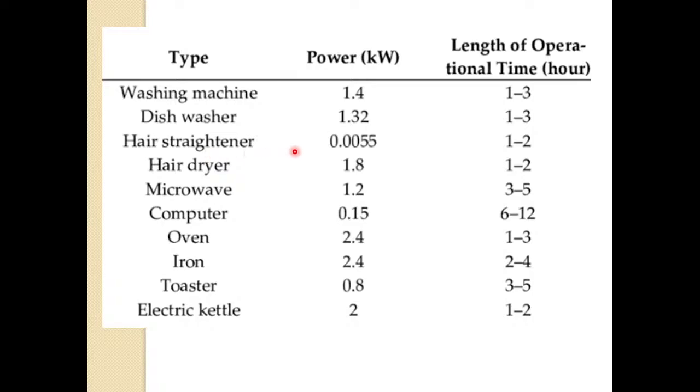Hair straightener, its power rating is 0.0055 kilowatts and it usually operates for around 1 to 2 hours in our houses. Hair dryer, its power rating is 1.8 and its length of operation is around 1 to 2 hours. Microwave, its power rating is 1.2 and it operates for around 3 to 5 hours.